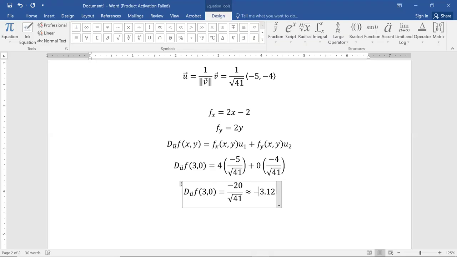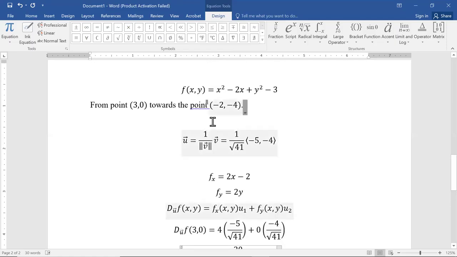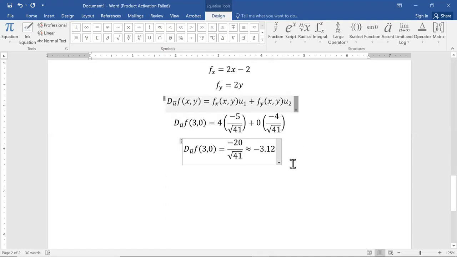About -3.12, excuse me. And so it's saying that if we start at (3, 0) and we go in the direction of u, in other words, if we go towards the point (-2, -4), we get a slope of -3.12 roughly.